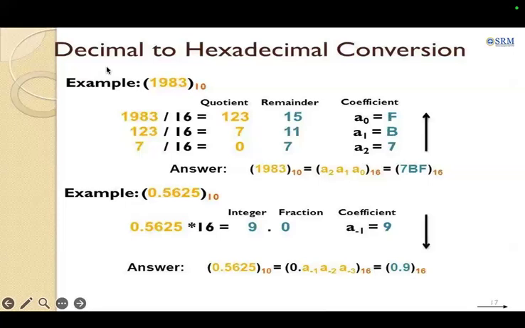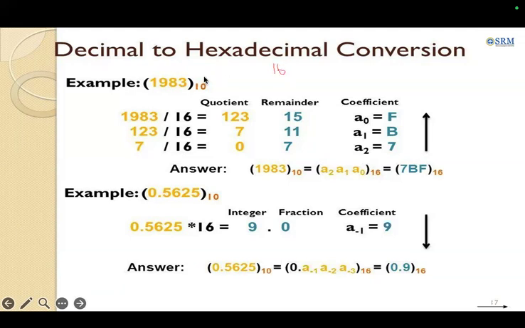Similarly, next, decimal to hexadecimal conversion. You yourself can do this. Any decimal number has an integer part, which should be treated differently, and a fractional part, which should be treated differently. For the integer part, instead of base 2, what is the base for hexadecimal? 16.